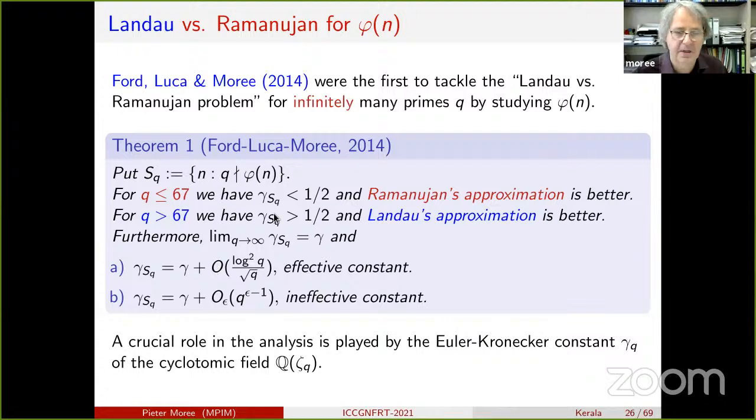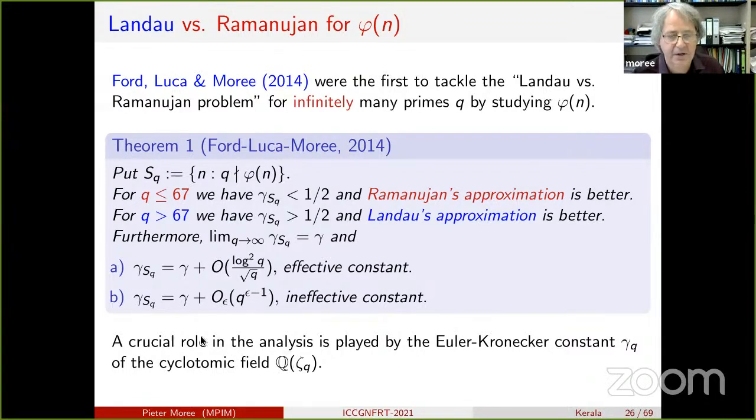So the new feature here is that we look at an infinite family of these sets, and for each of those primes q, we can answer which approximation is better, Ramanujan or Landau. And it turns out that eventually the Landau one is better.